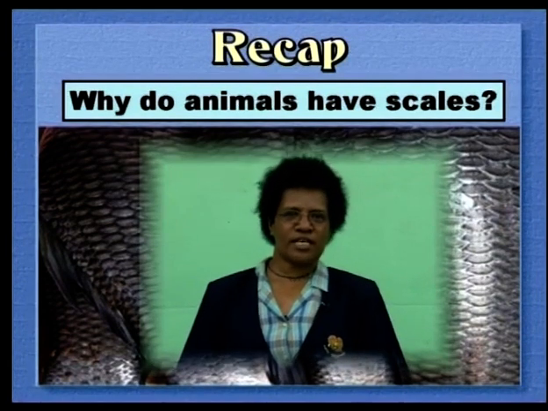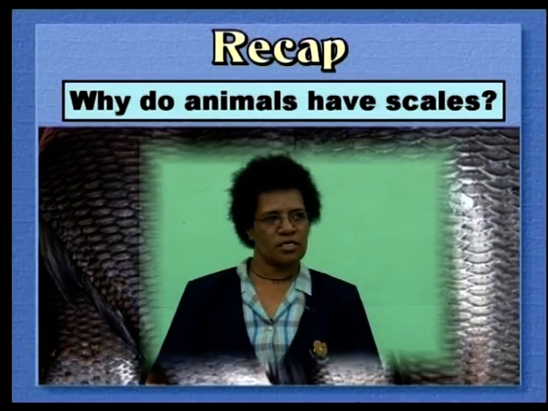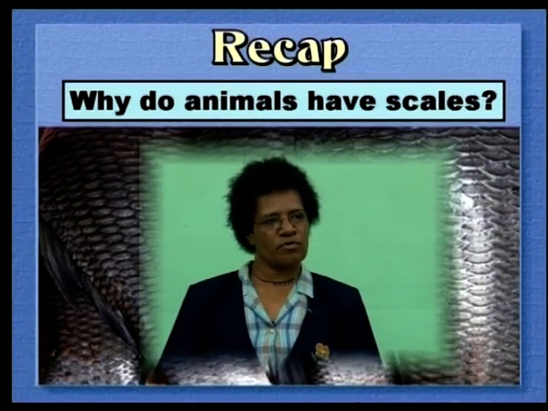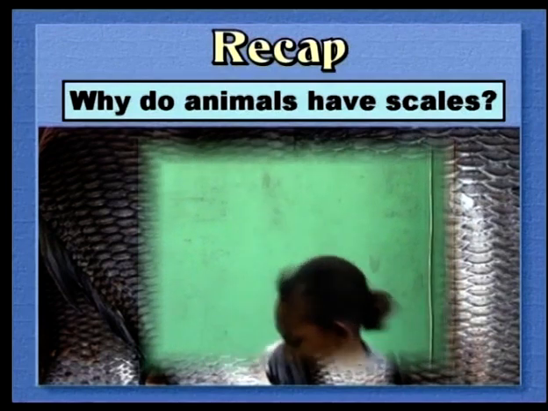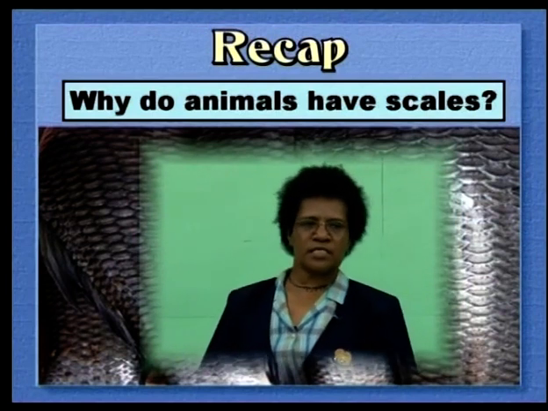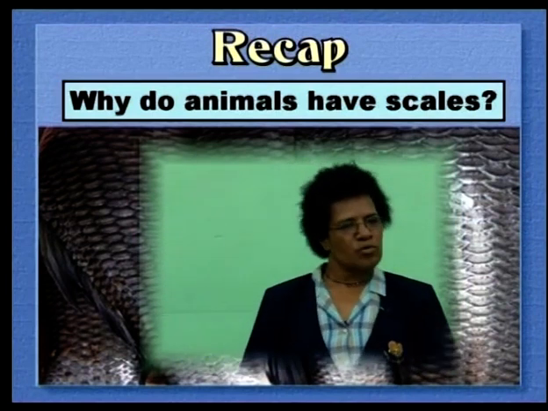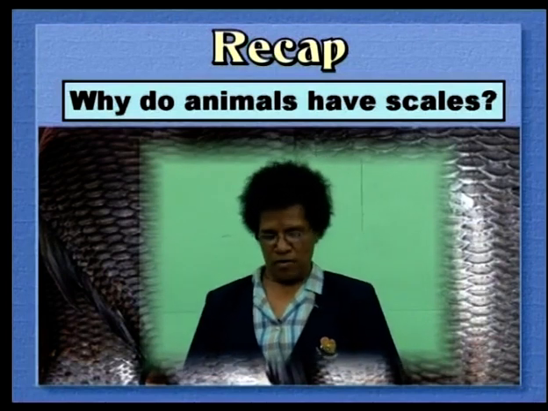I believe you have already given your reasons or answers to your teachers. Let's have Momoru. To keep their body moist. Good, to keep their body moist as well as to reduce friction as they move around.